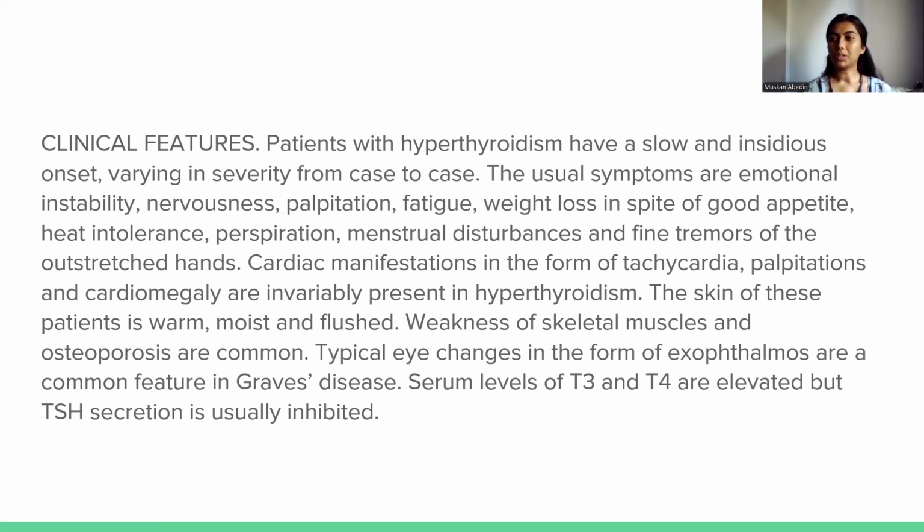And there will be tremors of the outstretched hand. Cardiac manifestations in the form of tachycardia, palpitations, and cardiomegaly are invariably present in hyperthyroidism. The skin of these patients is warm, moist, and flushed, because there is a rise in temperature and there will be sweating.